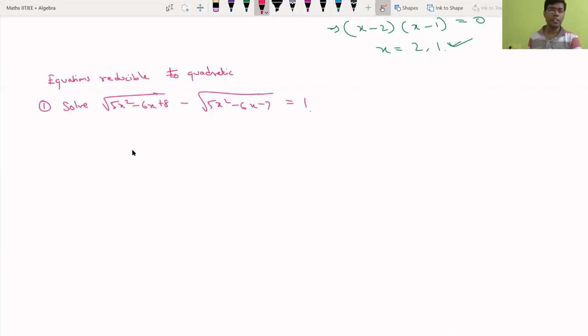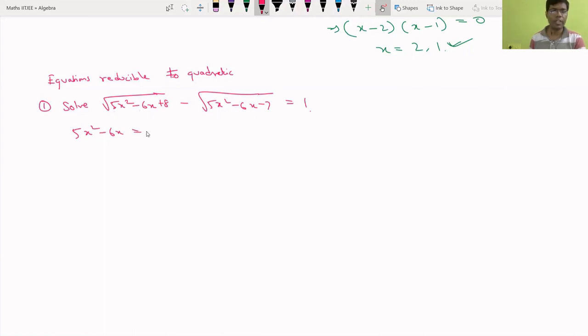So externally, I may feel, where should I square on both sides, or how do I proceed? Of course, one way is that you take this term on the other side and then you square and then you do. That's one way of doing it. Another way is to simplify the whole thing. We can take some part of the expression, say I'm taking 5x square minus 6x, because I'm seeing 5x square minus 6x is here and in this expression also.